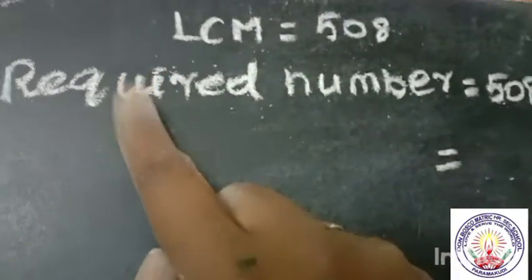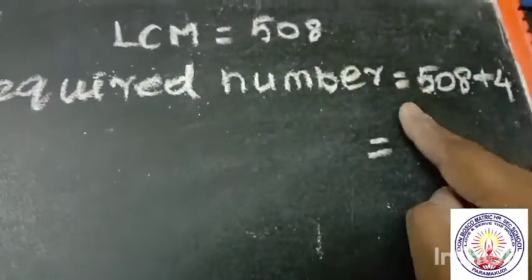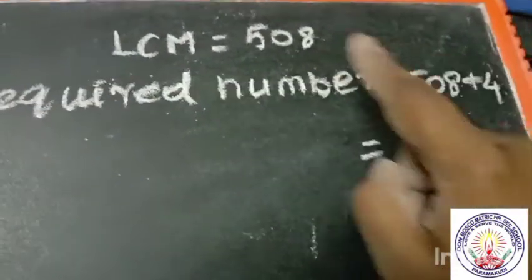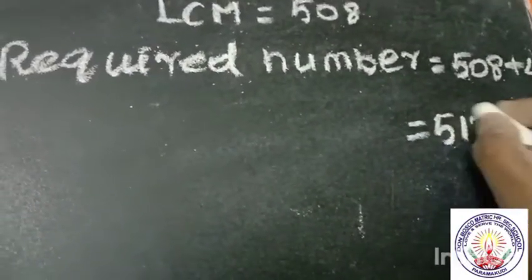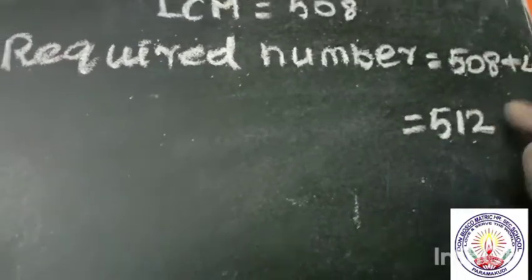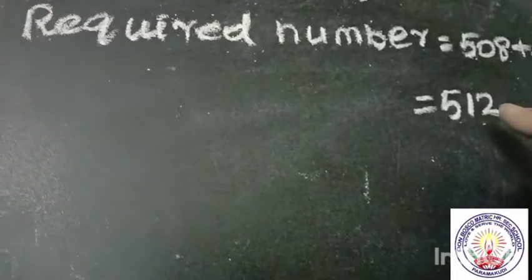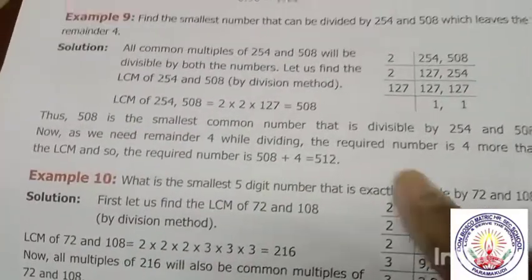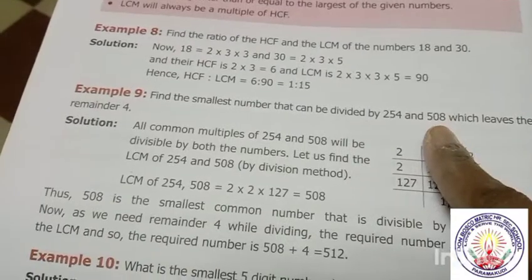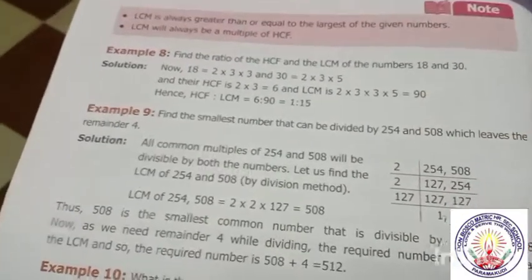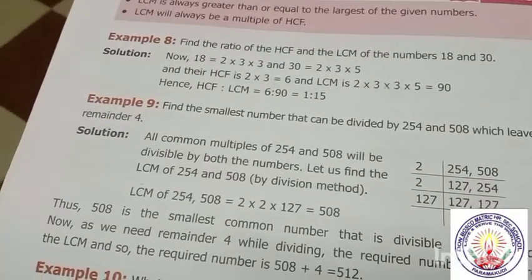So we need to find the required number by adding 4. Okay, 508 plus 4 is equal to 512. That is the required number. When you divide 512 by 254 and 508, you get the remainder 4. Okay.